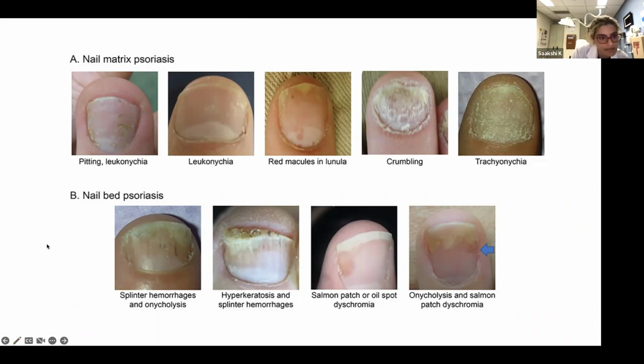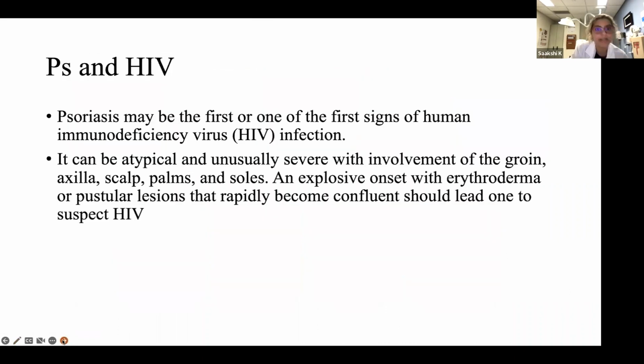Okay, next slide. Now, psoriasis and HIV also have a robust association, because sometimes psoriasis might be the first and only sign of HIV infection because of the immune dysregulation that happens. As an IM resident, I definitely remember seeing HIV patients admitted with extensive psoriasis.